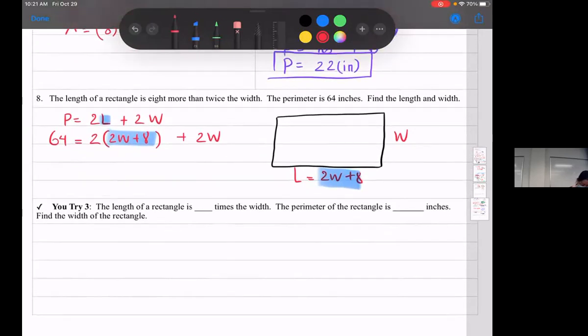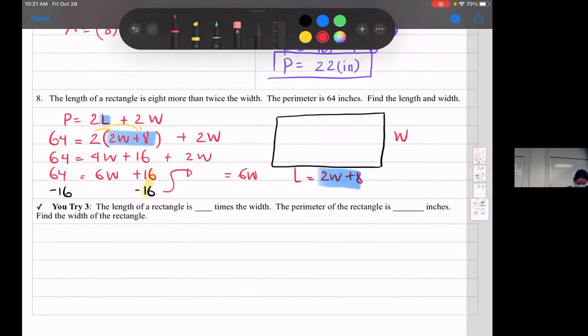Now you solve for W. So 64 equals, if I distribute that, 4W plus 16 plus 2W. 4W plus 2W is 6W. Subtract 16 from both sides. So I have 6W equals 64 minus 16, which is 48.